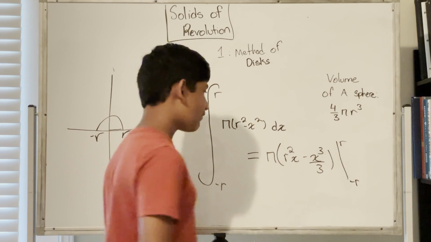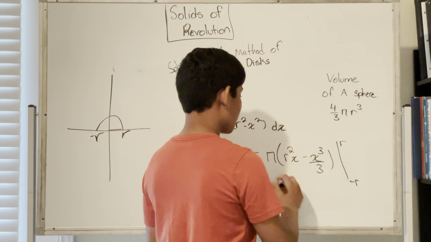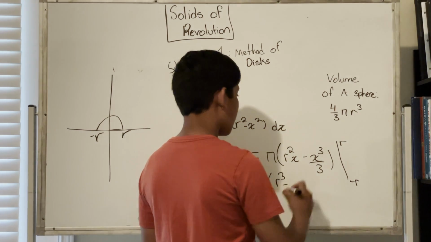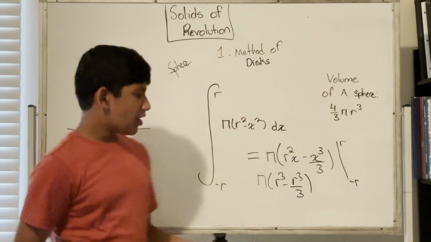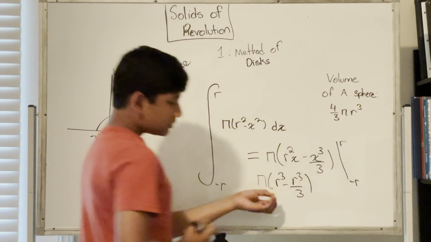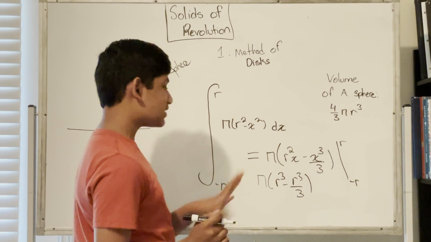First we plug in r for the x's. So we're going to have pi times r cubed minus r cubed over 3. Right now it looks like we can't simplify it, but let's multiply r cubed by 3 and divide it by 3.